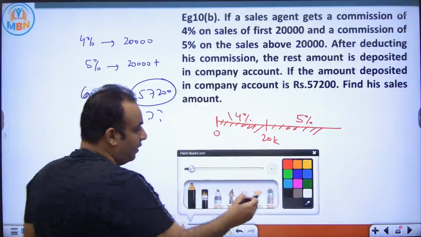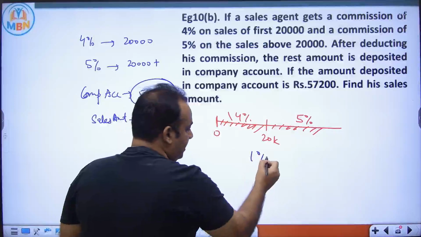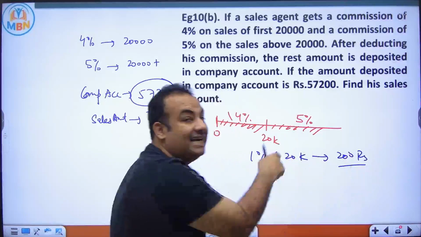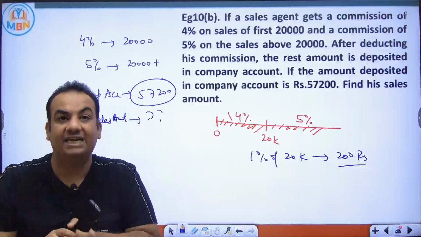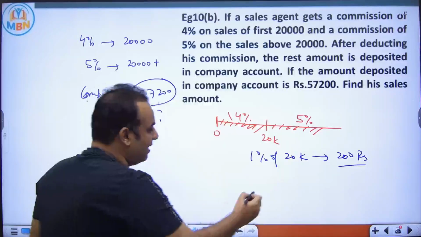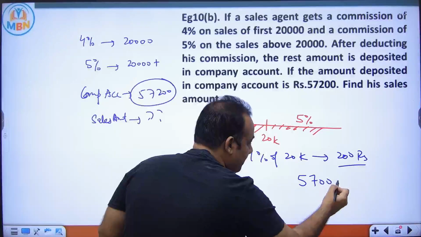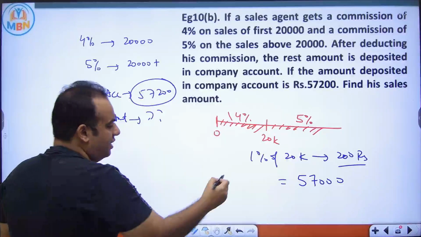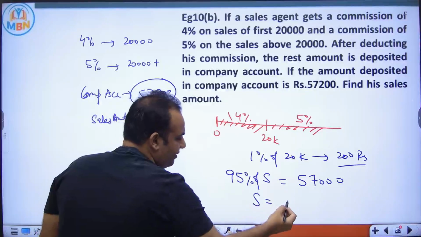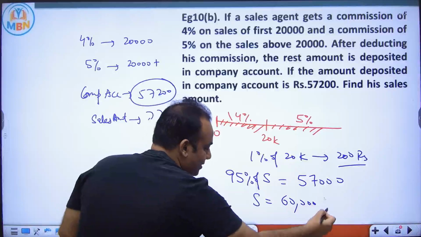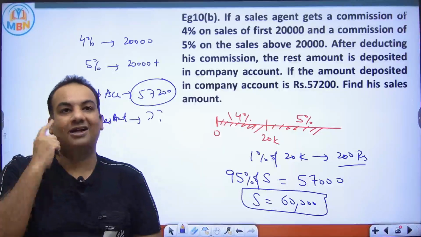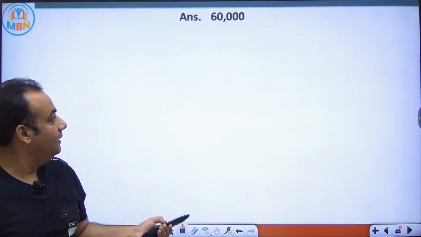And 1% of 20,000 is 200 rupees. So if he gets 200 rupees more, it means 200 rupees less would be deposited in the company account. So the company account will get 57,000 rupees and he gets 5% commission. So the company account is getting 95% of the sales value. From here you can get the value of sales, that is 60,000. Just a simple equation and you got the answer. Okay. Now see this.